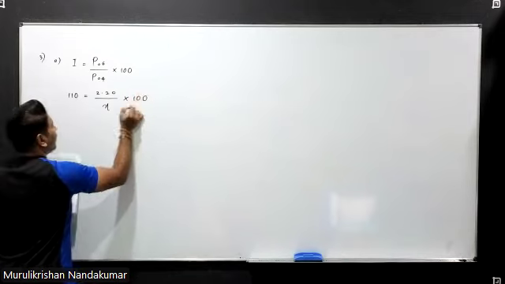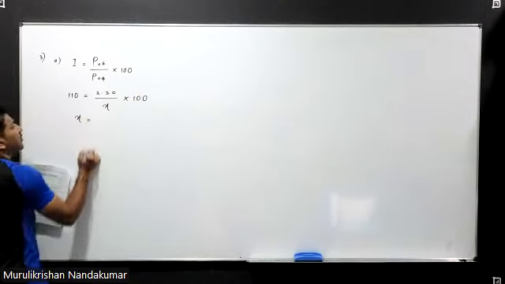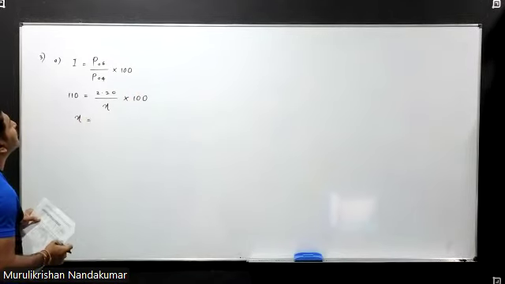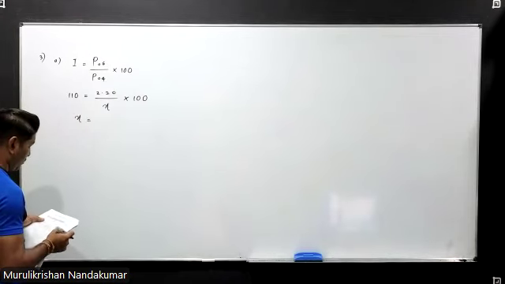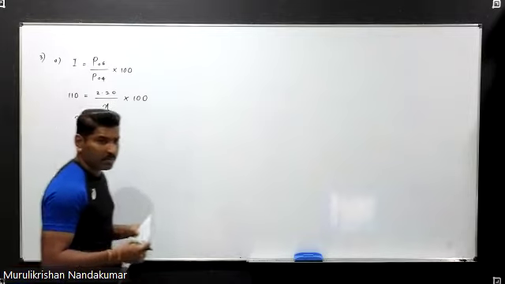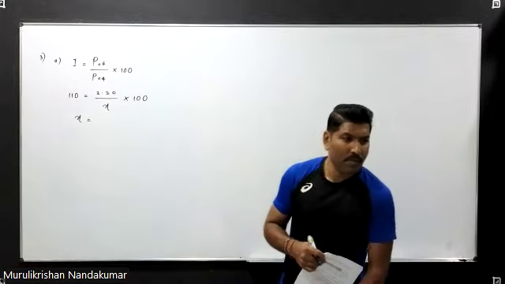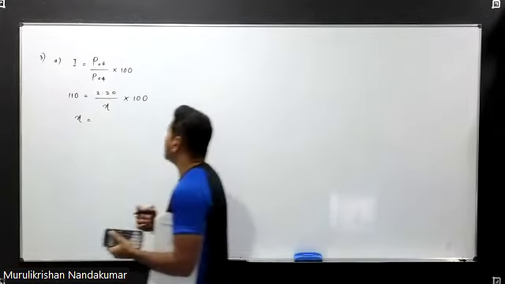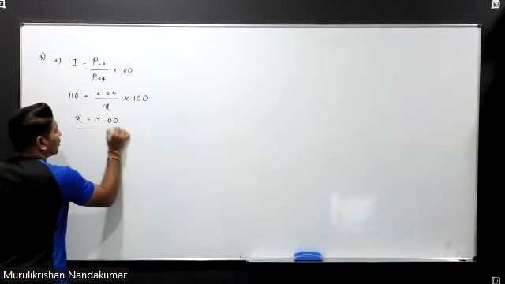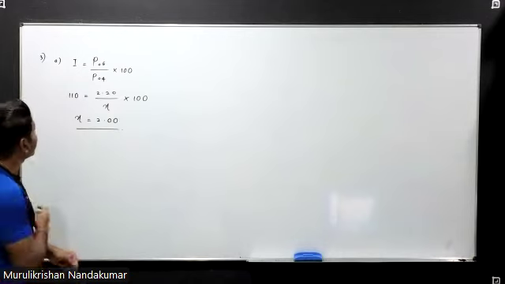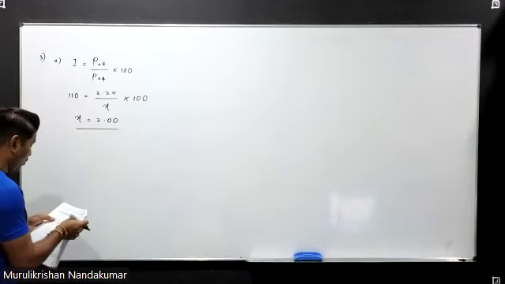Okay, guys, what's your answer of X? Two point zero zero. Is that 2.00? Good. Okay, then I'm going to do Y now.